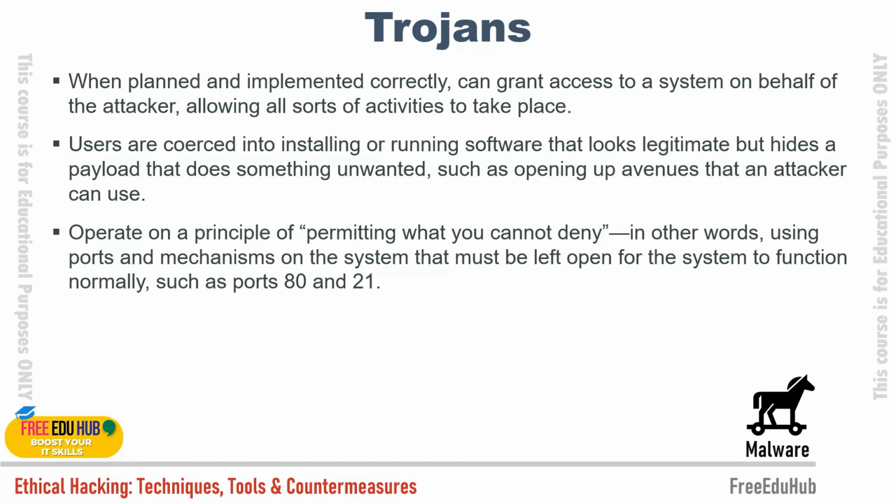Users can be coerced into installing or running software that looks legitimate but hides a payload that does something unwanted, such as opening an avenue that an attacker can use.